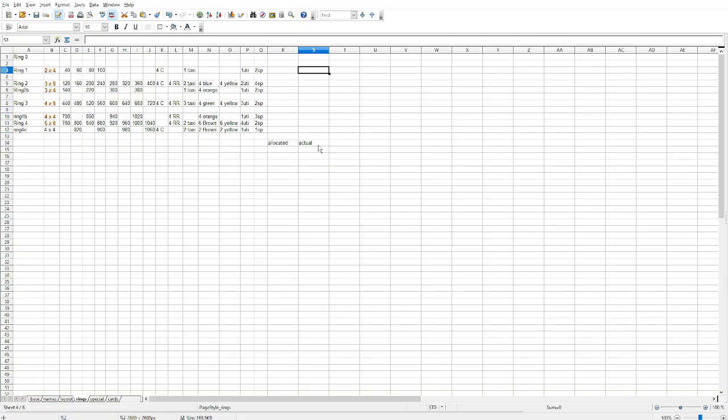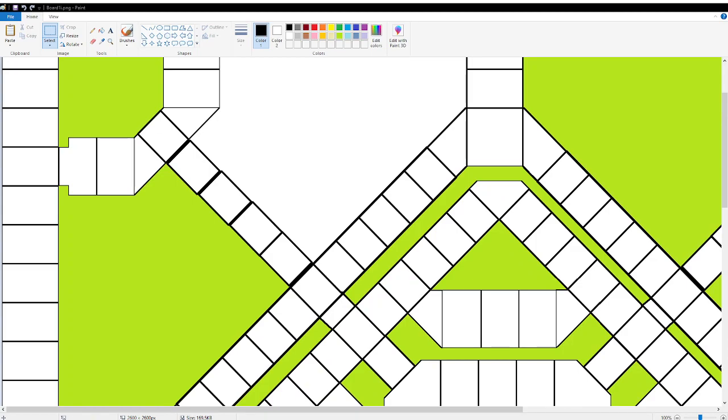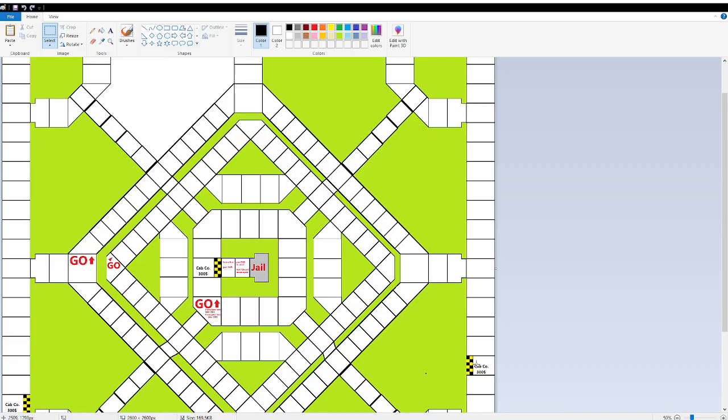So when you look at ring one, each side is only 4 long. So 4 sides times 4, that is a total of 16 spaces.